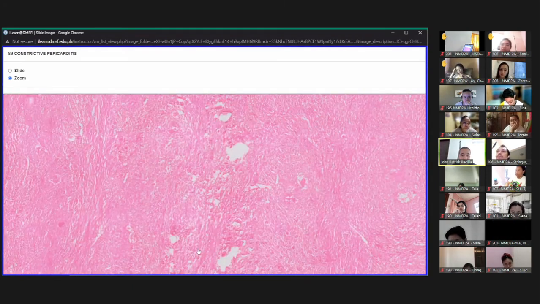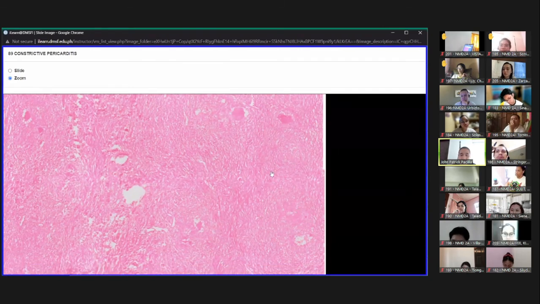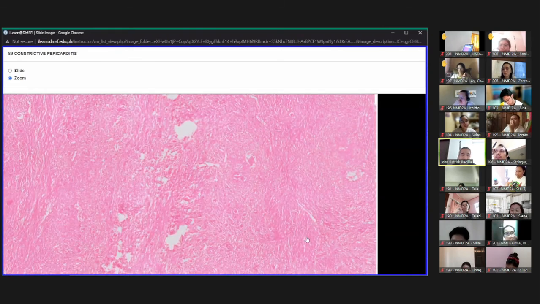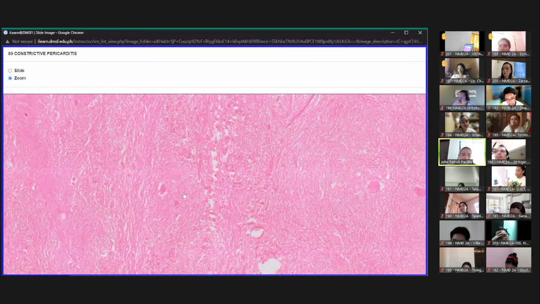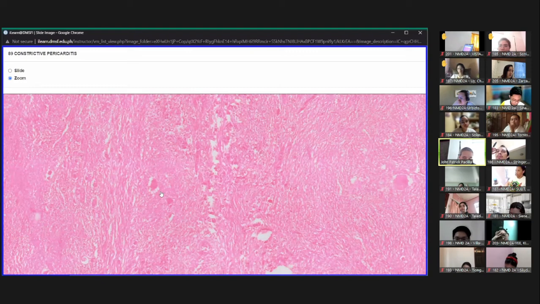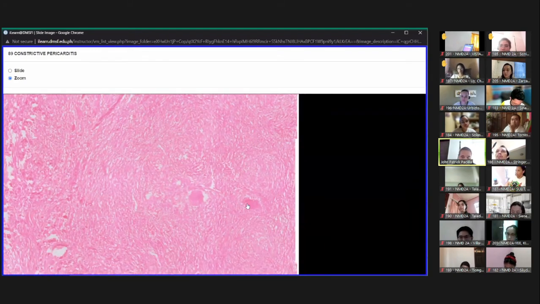So constrictive pericarditis can cause restrictive cardiomyopathy, and it can be caused by the presence of inflammatory lesions. In this case, the inflammation here would be tuberculosis. Okay, so you can see the presence of granulomas. Here you have granulomas, and the cells present here are actually epithelioid.